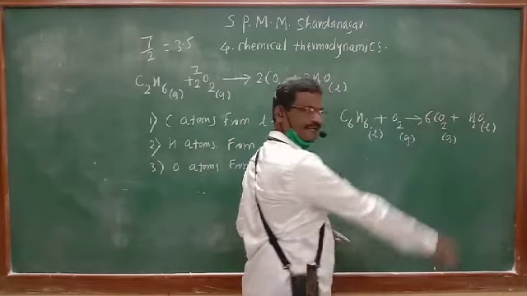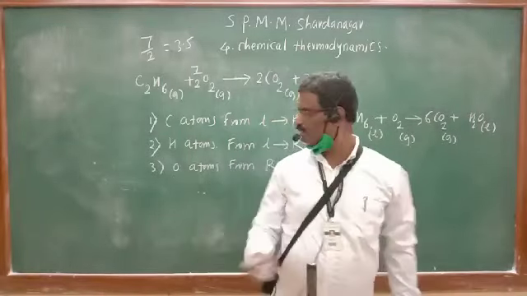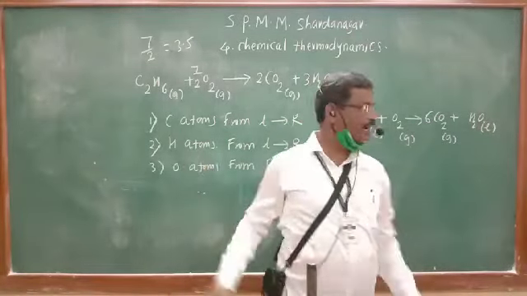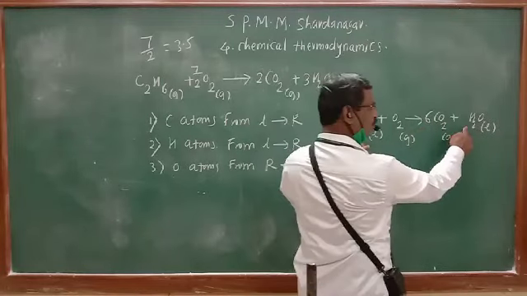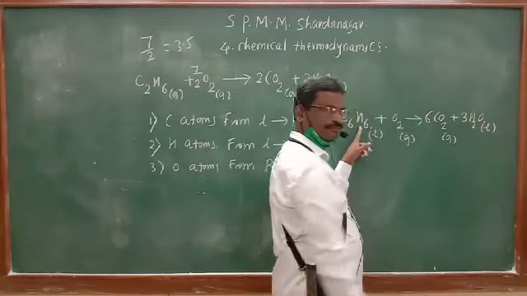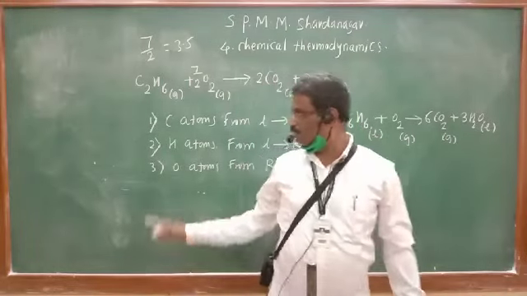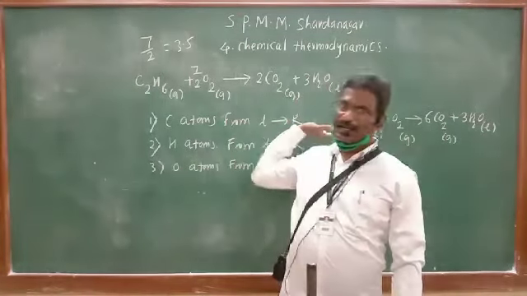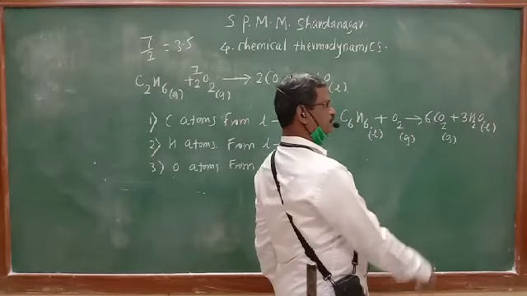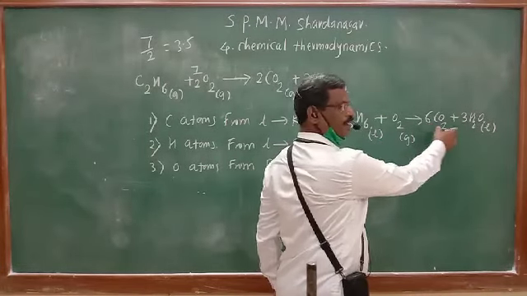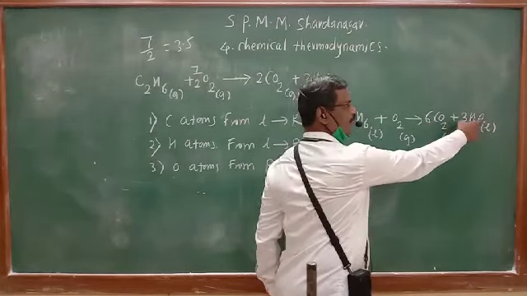So multiplied by 6. Second rule, hydrogen atoms, again from left to right. Hydrogen 6, here it is 2. So multiplied by 3. Now third rule, oxygen, but from right to left. Opposite. Oxygen: 6 twos are 12, and 3, 15. 15 oxygen atoms.